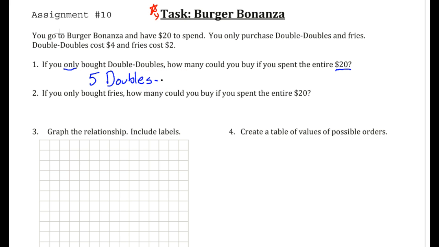And the way you get that is from, well, they're each $4. 5 of them would be 4 times 5, which takes up the whole $20, right? All right. And likewise with the fries, if you bought only fries, how many could you get then? If they cost $2 and you had to spend all 20, yeah, you get 10 fries.